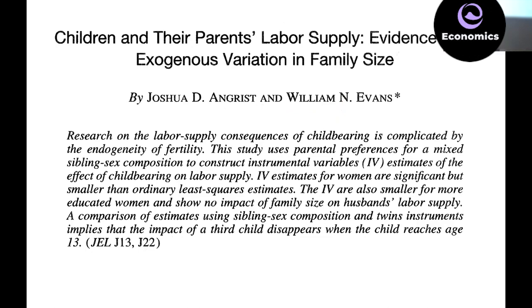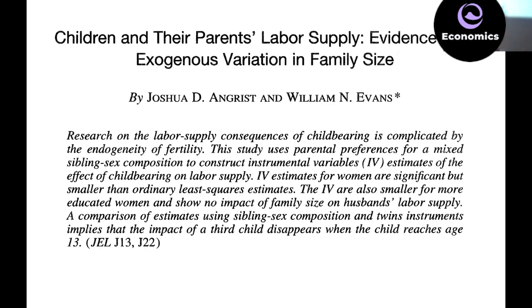The problem though is endogeneity, right? There are a lot of factors affecting people's decision to have children and affecting people's decision to work or not. Child care, whether the family has other incomes, all kinds of reasons.